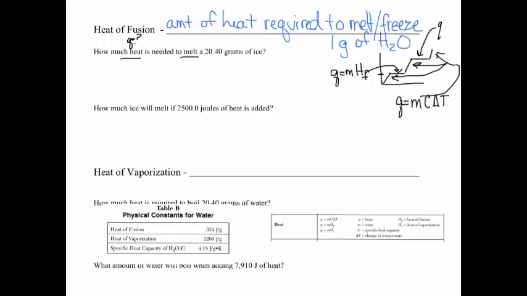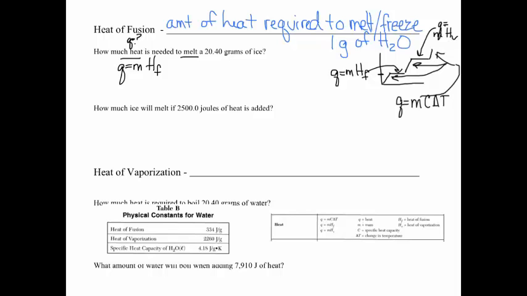That's where you're going to use Q is equal to MHV, or vaporization, heat of vaporization. So since we're talking in this question about the melting, which is this freezing point, this lower plateau, we're going to use this equation. So we're going to use Q is equal to MHF.